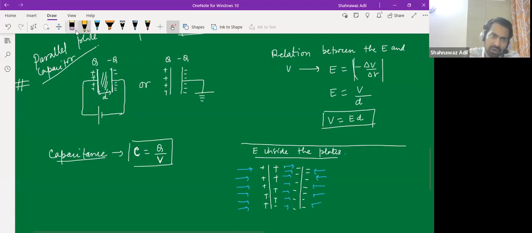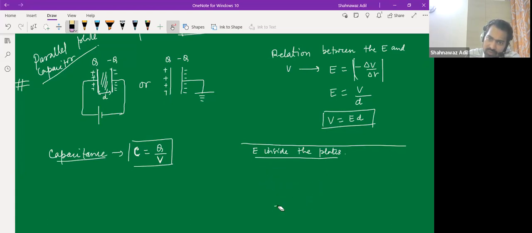Okay, so again, let us go back to what we were studying. We already know that for the negative one, the electric field is incoming.